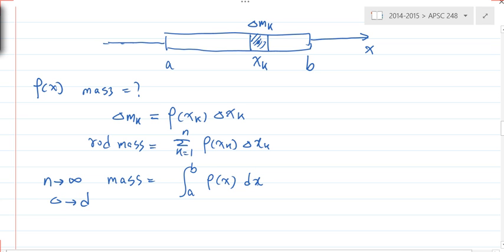This is basically how you get the mass of the rod for a very simple case, using this approximating process.